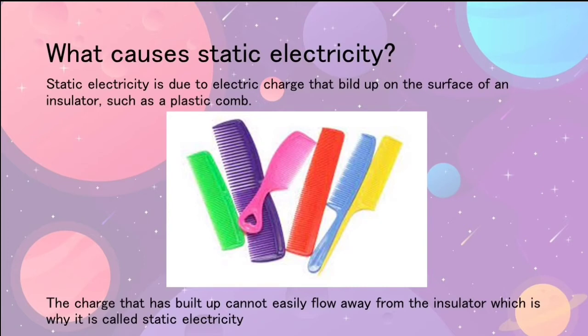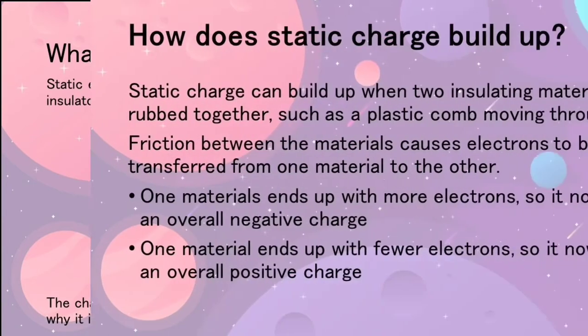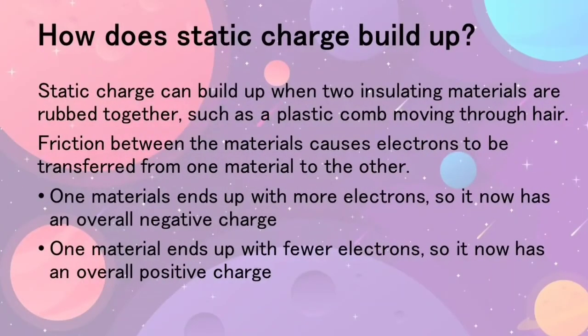We know that the plastic cone is beneficial for our life, and from a plastic cone, we know that the charge that has built up can easily flow away from the insulator, which is why it is called static electricity.